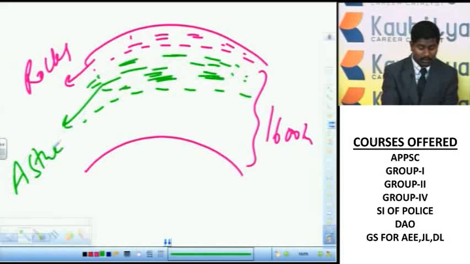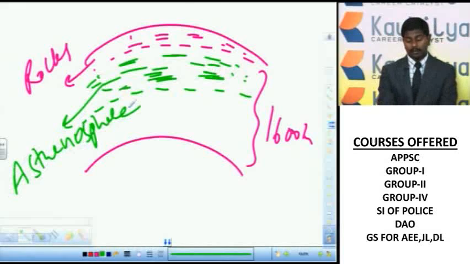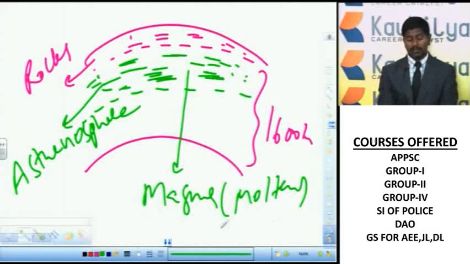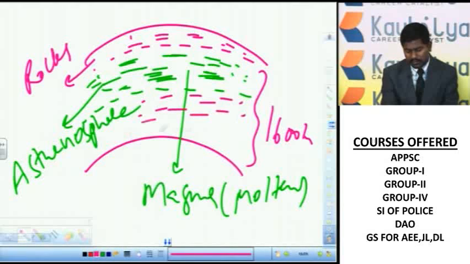Remember, the asthenosphere is composed of magma, the material is in a molten or liquid state. Below it is the portion composed of different types of minerals. This is the upper mantle, composed of different types of minerals.